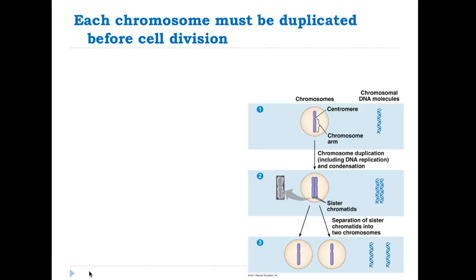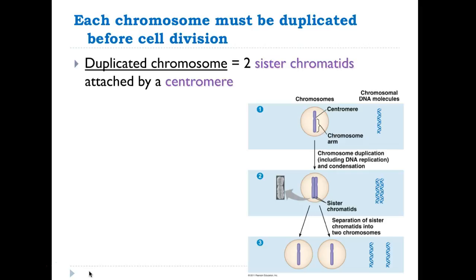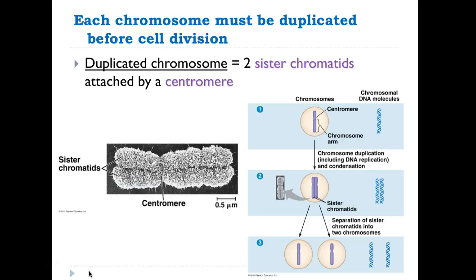Each chromosome must be duplicated before the cell divides. If you're looking at the figure, the 2 duplicated chromosomes are what we call sister chromatids, and those sister chromatids are attached at a structure called the centromere. Here you can see a duplicated chromosome.